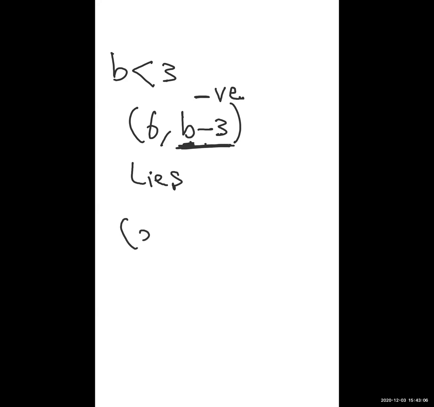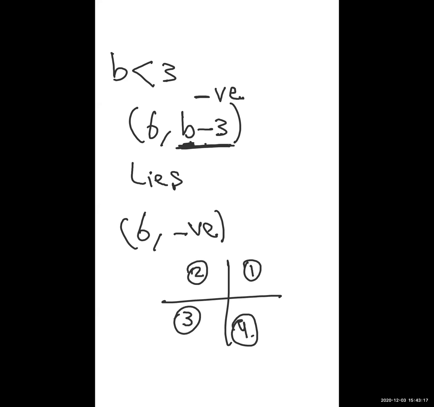So 6 is a positive x value and a negative y value. Looking at the quadrants: first, second, third, fourth. It will lie in the fourth quadrant, which is letter D. Are we clear?